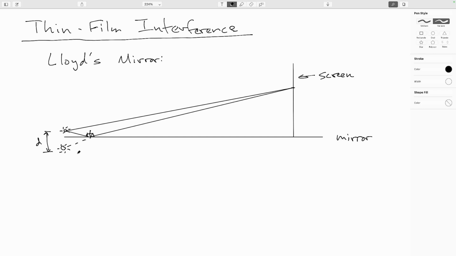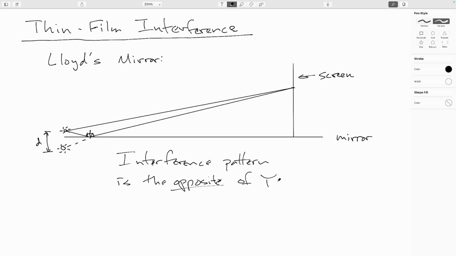Except there's one big difference. And that is that the interference pattern that you see in Lloyd's mirror, and you do form an interference pattern on the screen, is the opposite of Young's experiment.